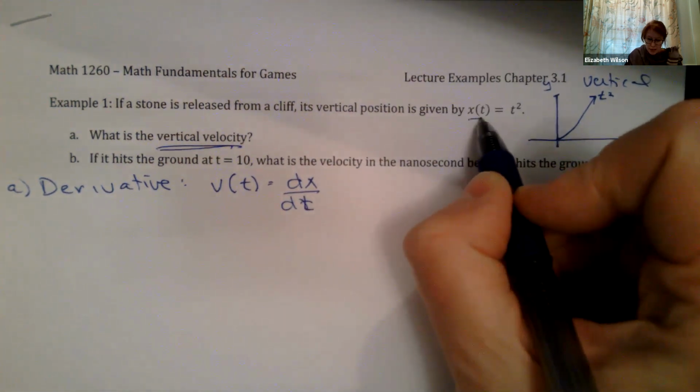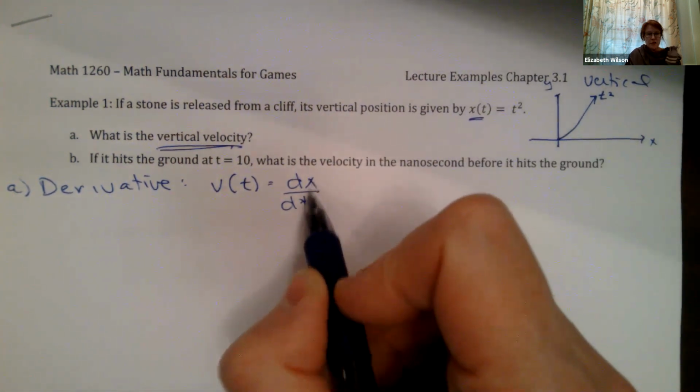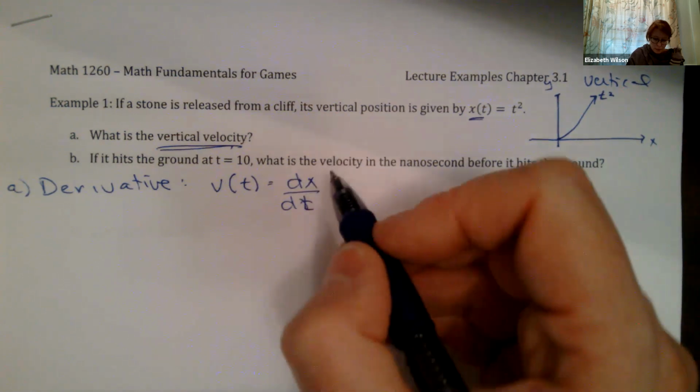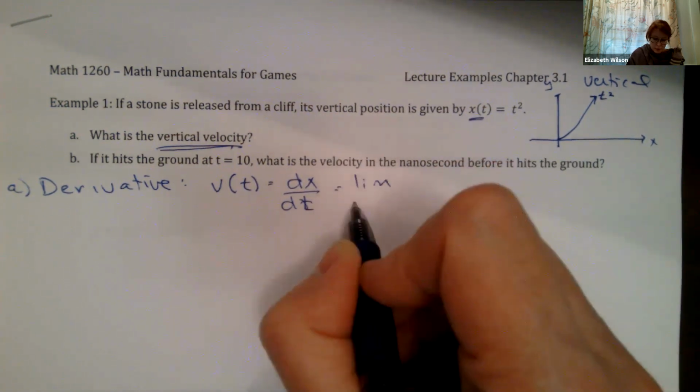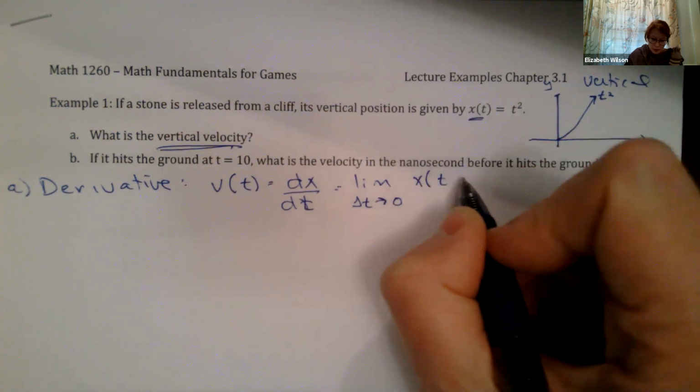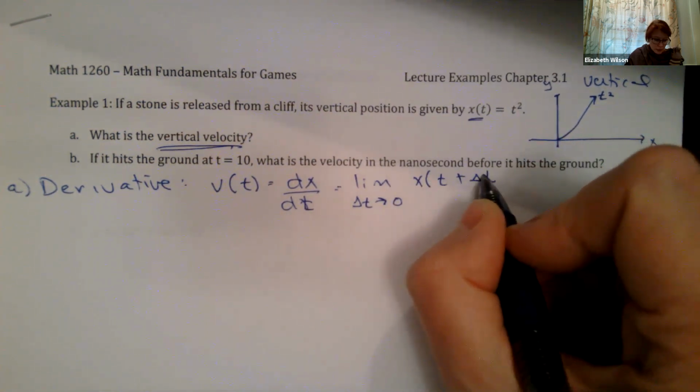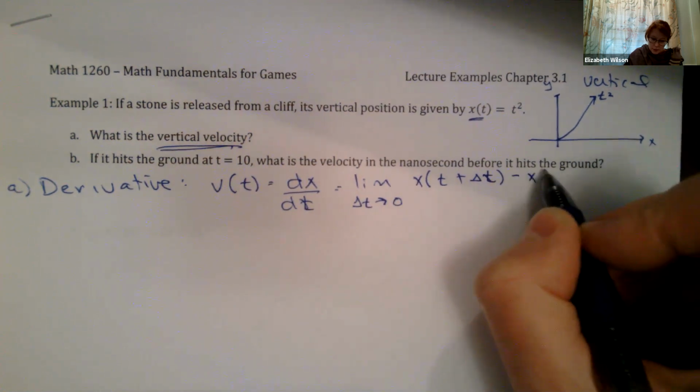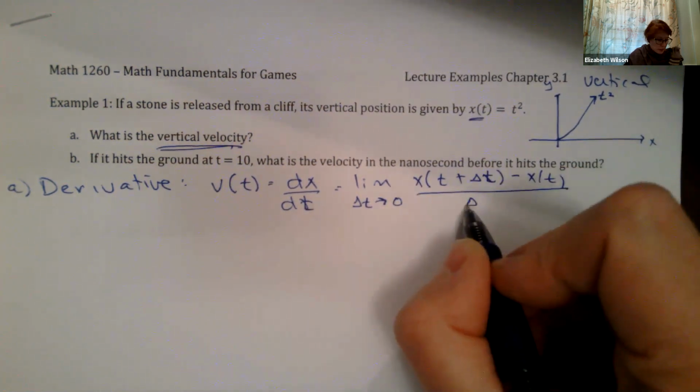My function here is x of t, so I'm going to go dx dt. This is my change in position over change in time, which is the limit as delta t goes to 0 of x of t plus delta t minus x of t all over delta t.